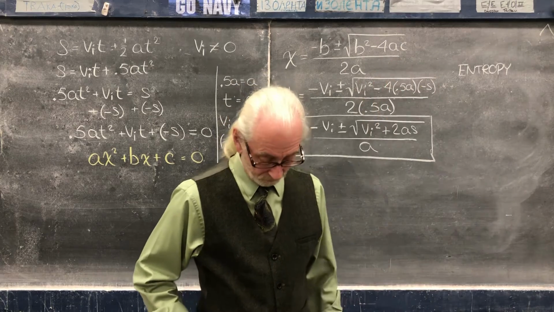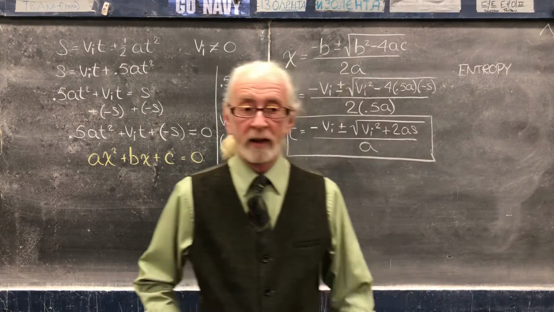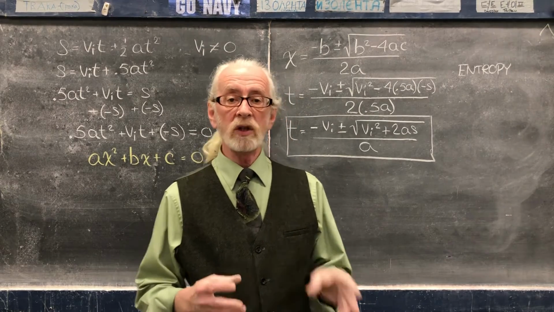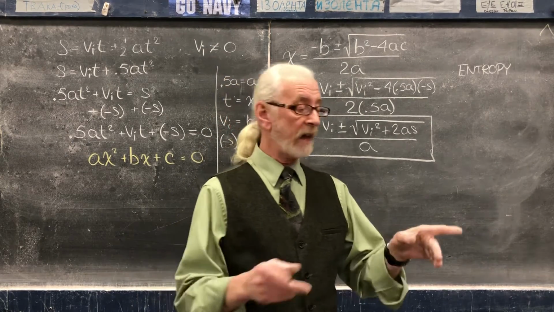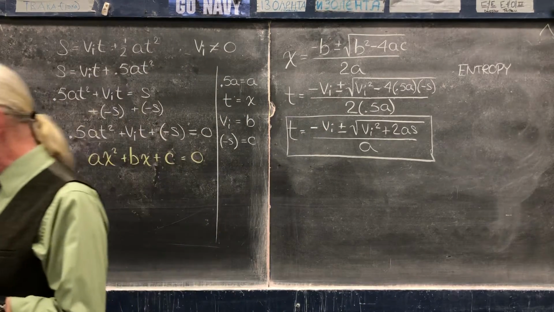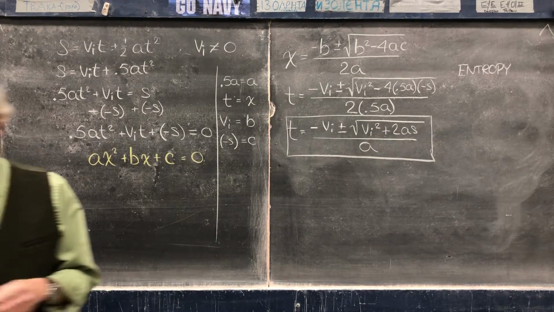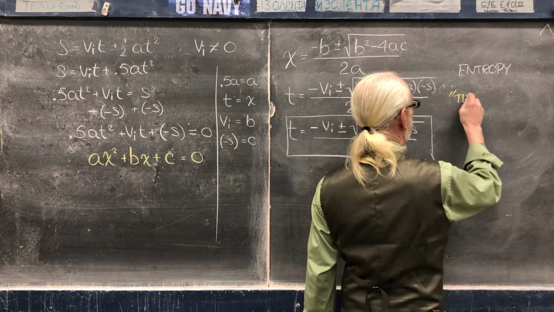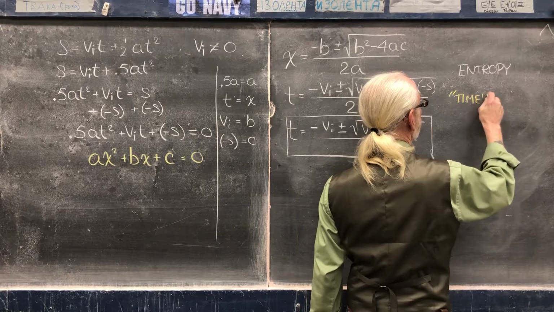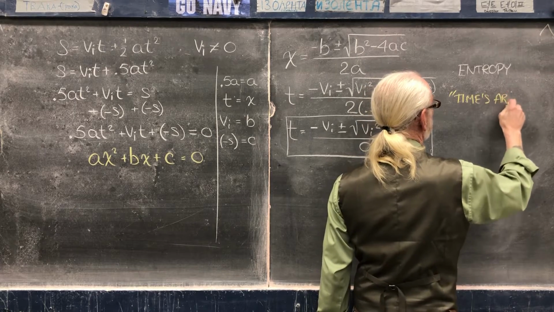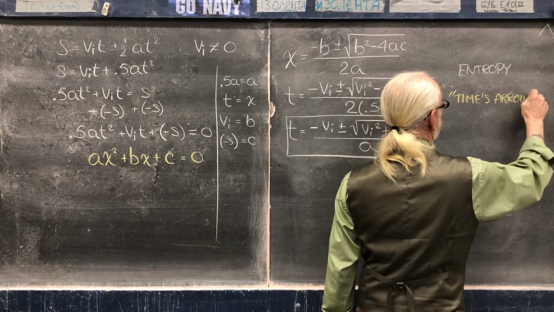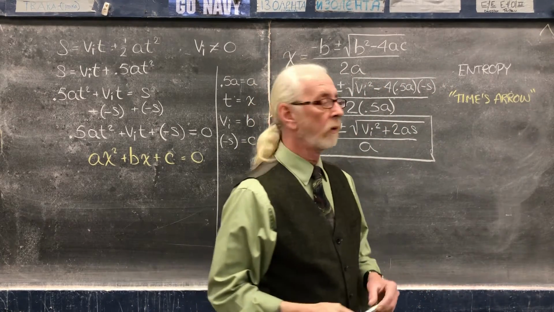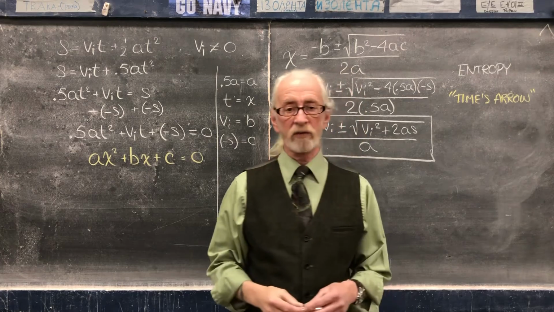One-way trip. That's the way this universe works. We live in an entropic universe. That is why entropy is referred to as time's arrow. Time moves forward in this universe.